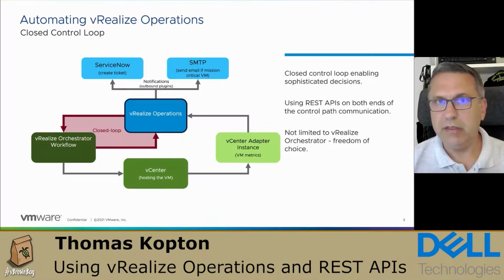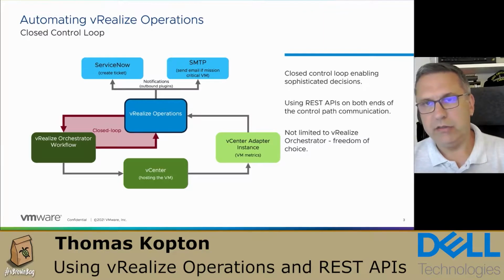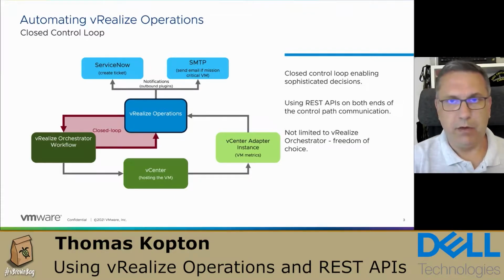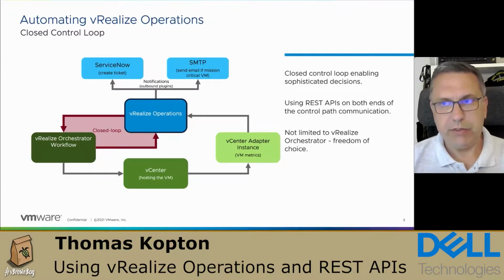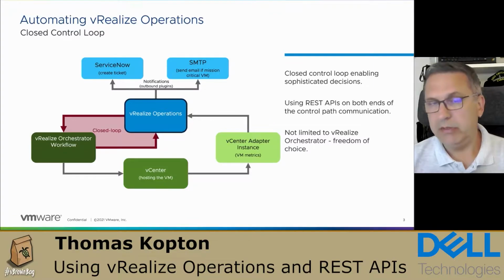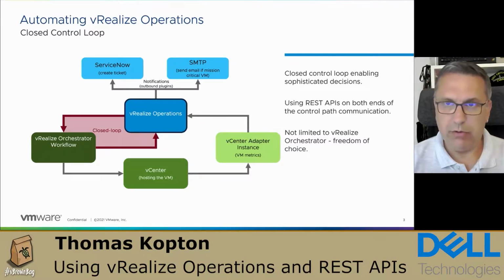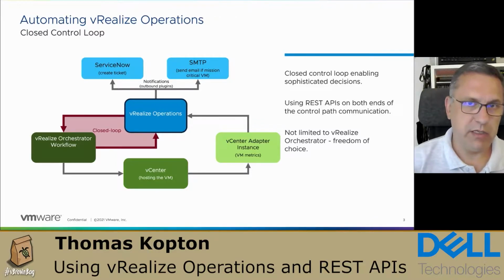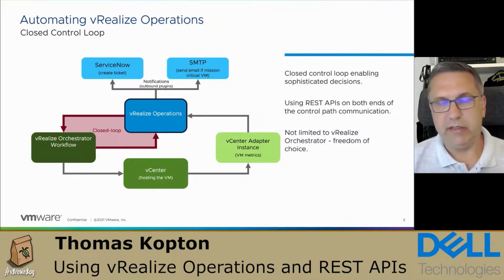And anytime anything is going wrong in your environment, vRealize Operations is notifying the teams responsible for this part of the environment. And notifying teams is probably, again, you know all those things. We can send emails, we can open ServiceNow tickets, or send SNMP traps.